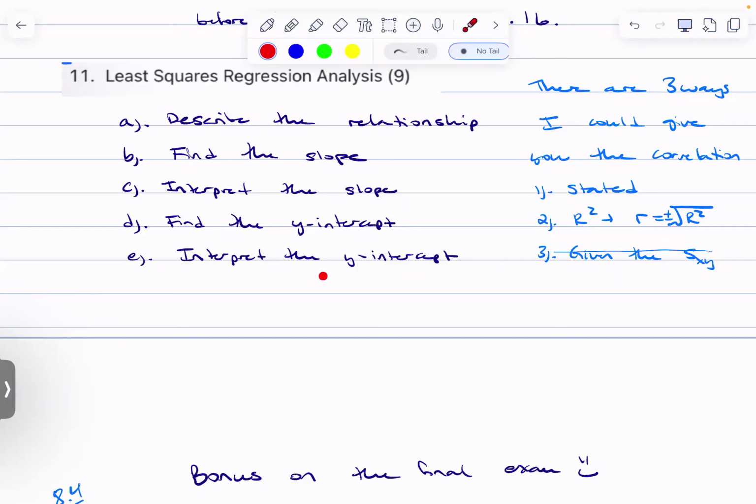The interpretation of the y-intercept is the predicted value of y when X is 0. So really what I'm asking is, well, can X be 0? And you can convince me either way, right? But can X be 0?